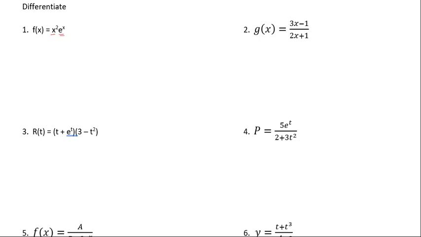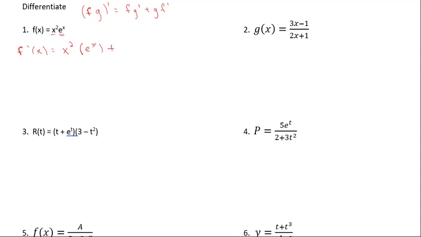So if we want to use the product rule, that means that if we have something times something, so we'll say f and g, and we want to take the derivative, that the derivative is f times g prime plus g times f prime.